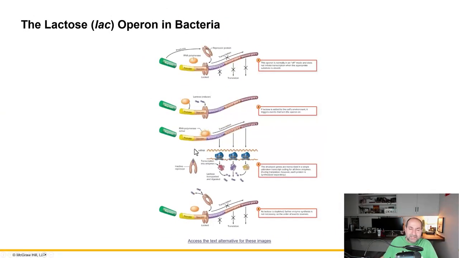So again, the lactose operon is induced by lactose, and it can be turned on with the addition of lactose. Remember, inducible operons are normally off if that nutrient is not present, but can be turned on in the presence of that nutrient. And why is that? So that we can conserve resources when we don't have that nutrient around.